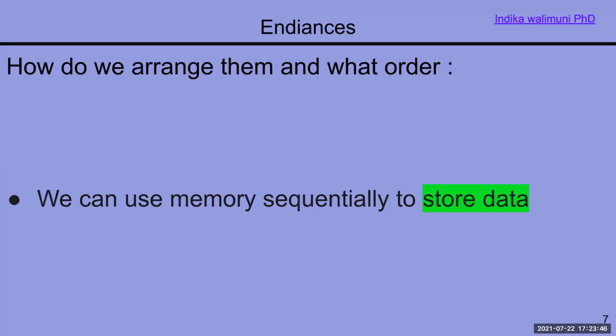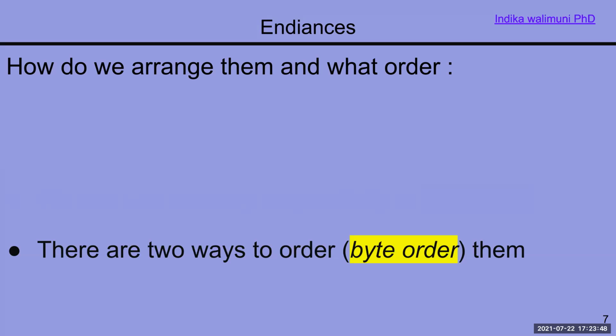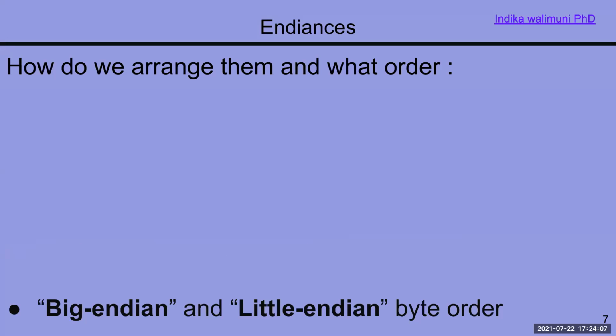Then we talk about the standard: in what order do we arrange them? There are two ways, which we call byte order. There are two ways to order bytes in storage: big endian and little endian byte orders.